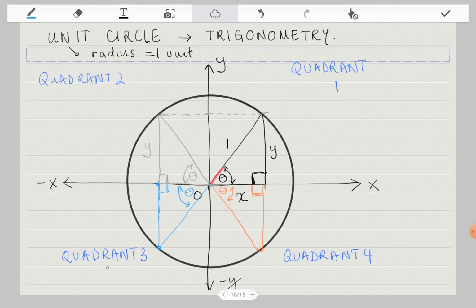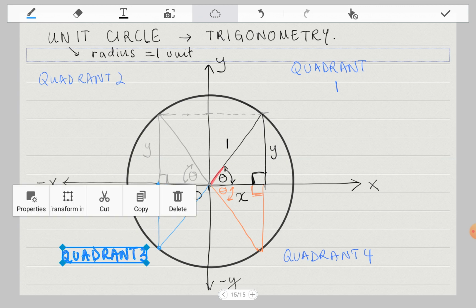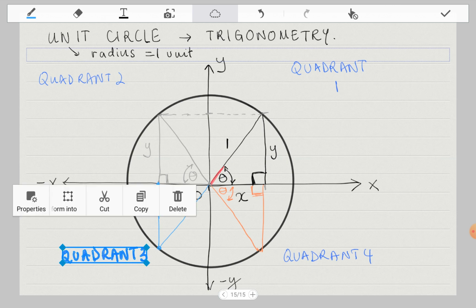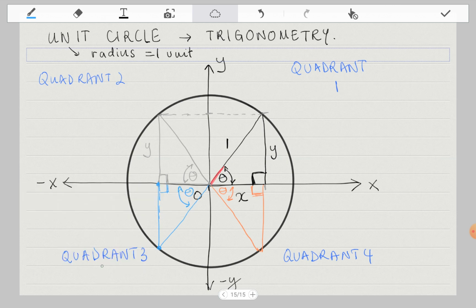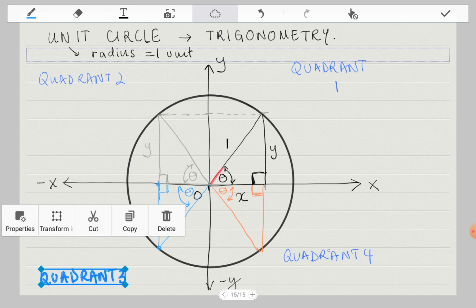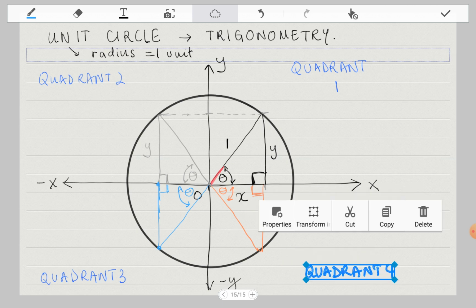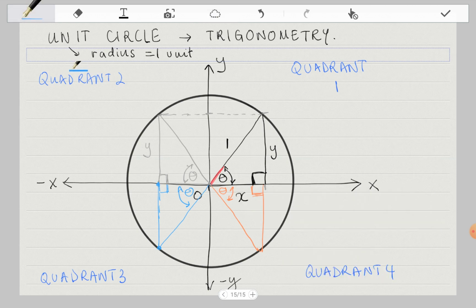So if we define the points, we see that the coordinates of this point here would be minus x in terms of x, and minus y in terms of y.